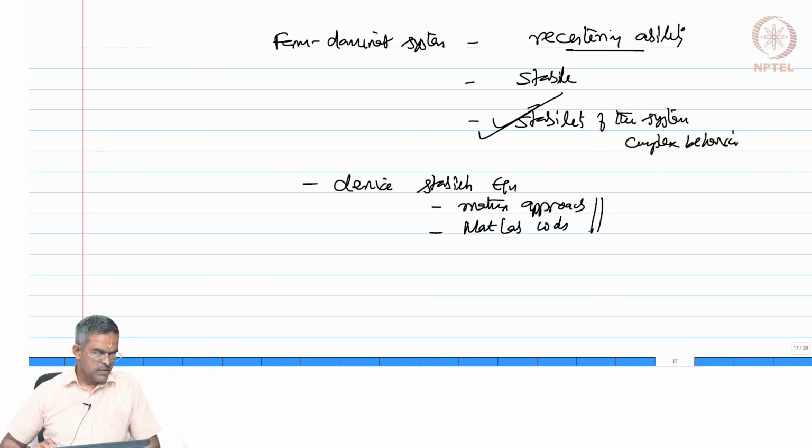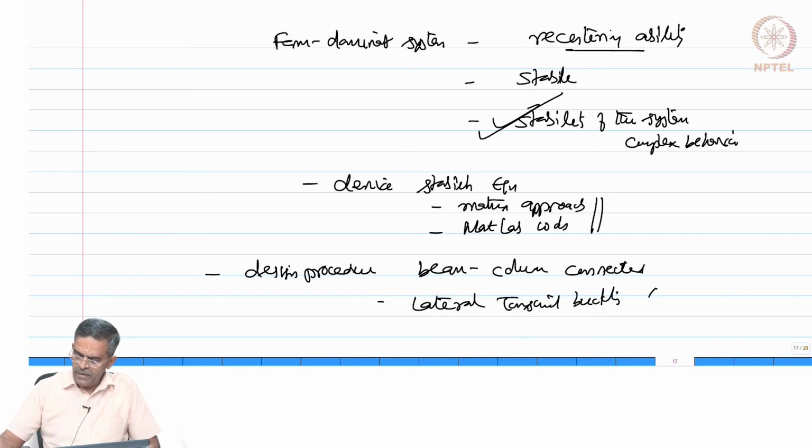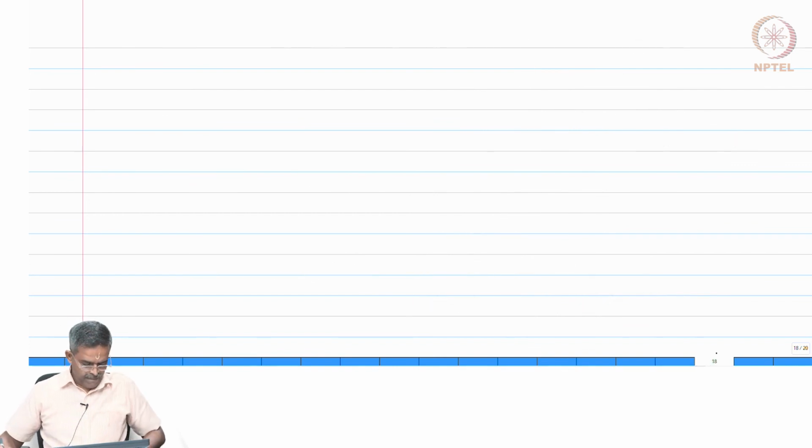In addition, we will also talk about the design procedures of beam column connections under lateral torsional buckling. LTB is a big menace in structural systems of large span and slender systems.